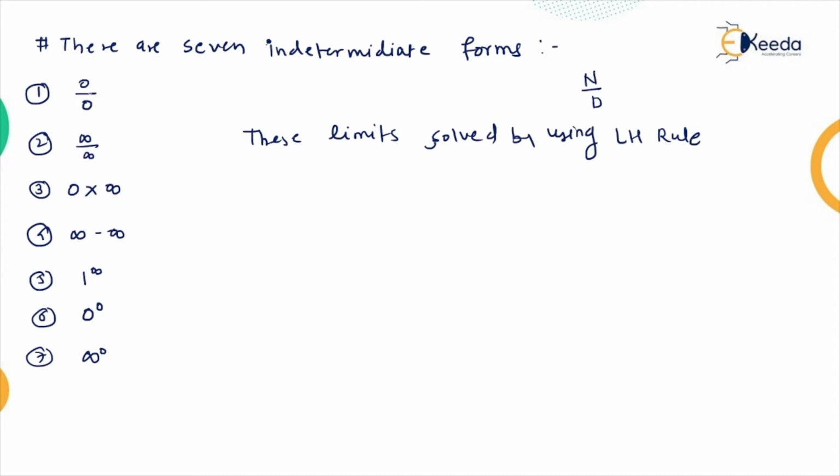Suppose you have an indeterminate form, you obtain 0 by 0. So how do you obtain 0 by 0? Suppose, for example, I am taking f of x equal to sin x upon x, and I want to take the limit of this function as x tends to 0.